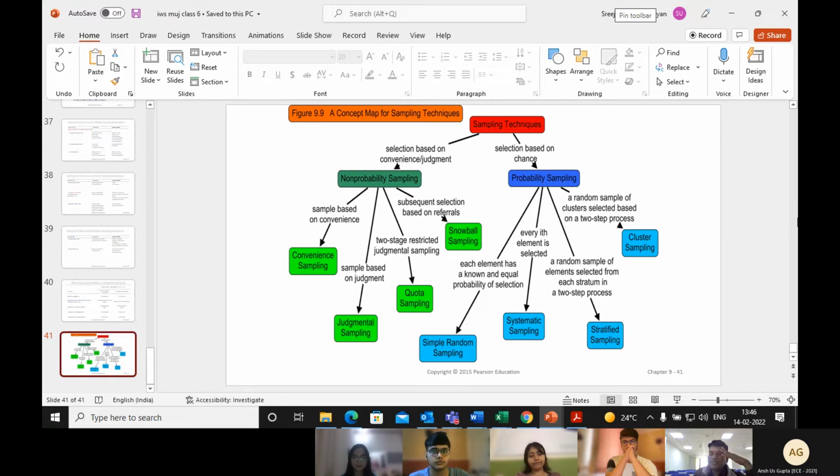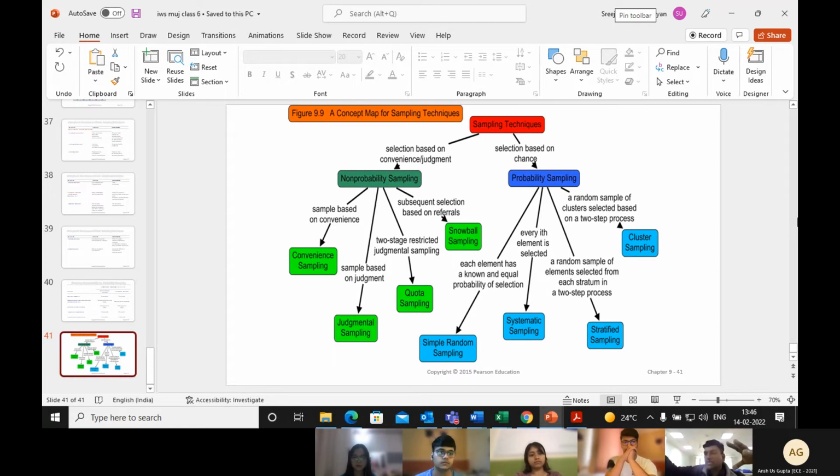And lastly, cluster sampling. Cluster sampling is used when the clusters are homogeneous with respect to each other, but within each cluster there is a lot of heterogeneity.